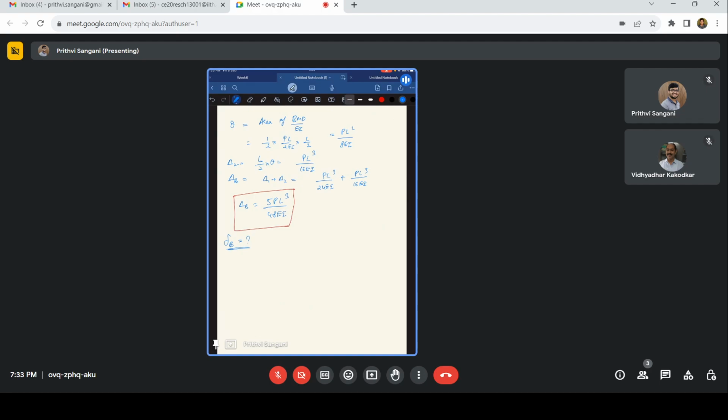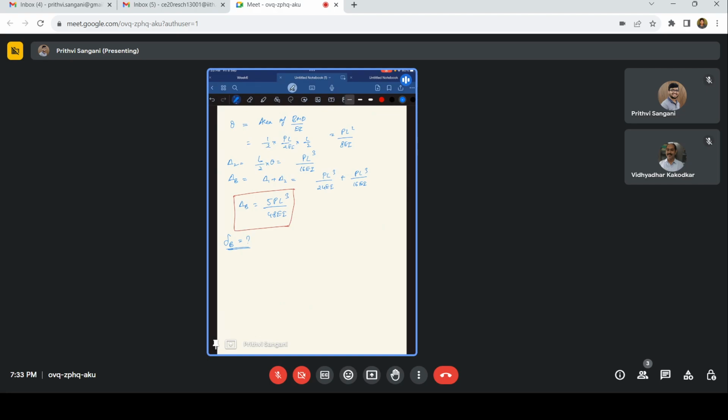For example, if this is P, otherwise you also have the same question, but let me load it halfway through, only halfway. Even in this case, you can use the same flexibility matrix. I think I have messed it up here. I hope you can see it clearly.